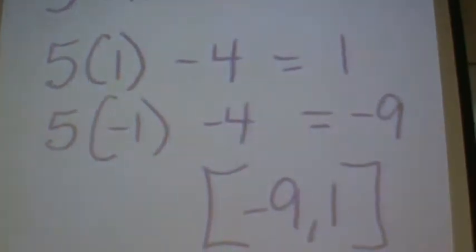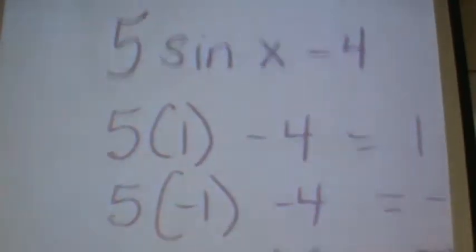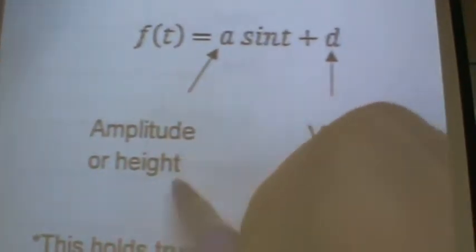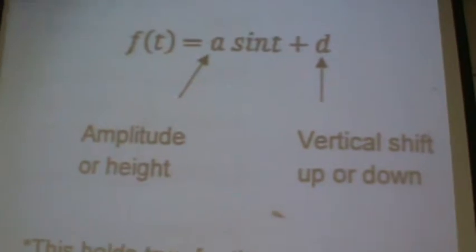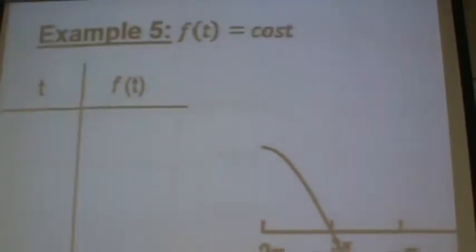So you do this a value times 1 and -1, and then add the d value. So what are you seeing here? This is what you should see. That a value is your amplitude, or the height over the x-axis, and the d is the vertical shift up and down. And this whole graph, this information holds true for the cosine curve.